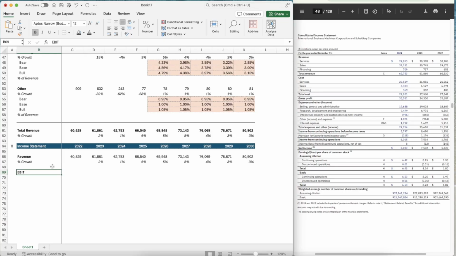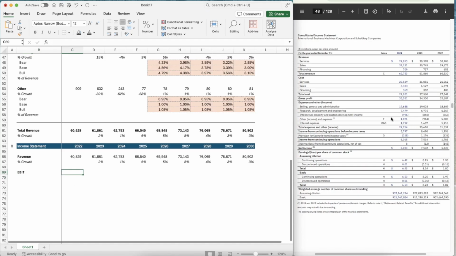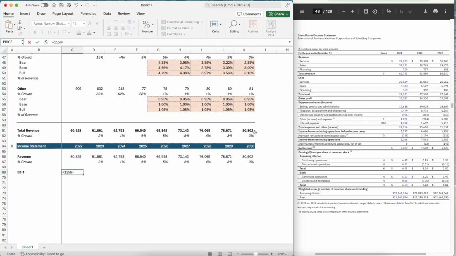EBIT is earnings before interest and taxes, so we actually have to add back in the interest expense. So it's income from continuing operations before income taxes, and we add back in this interest expense. So equals 1156 plus 1216.